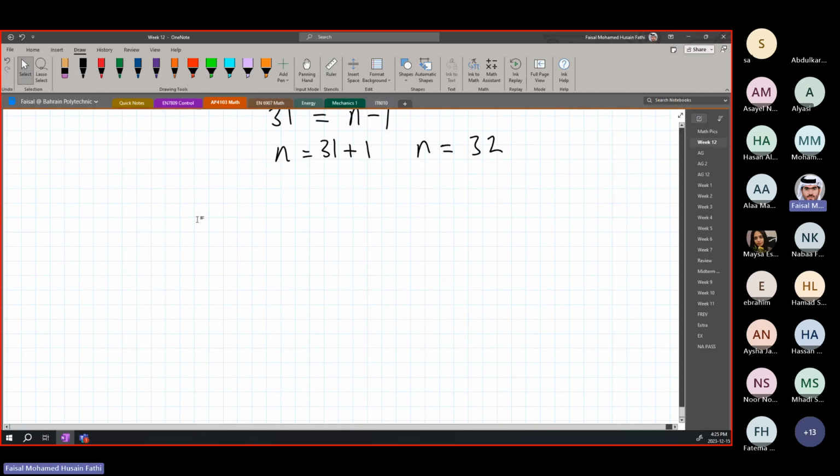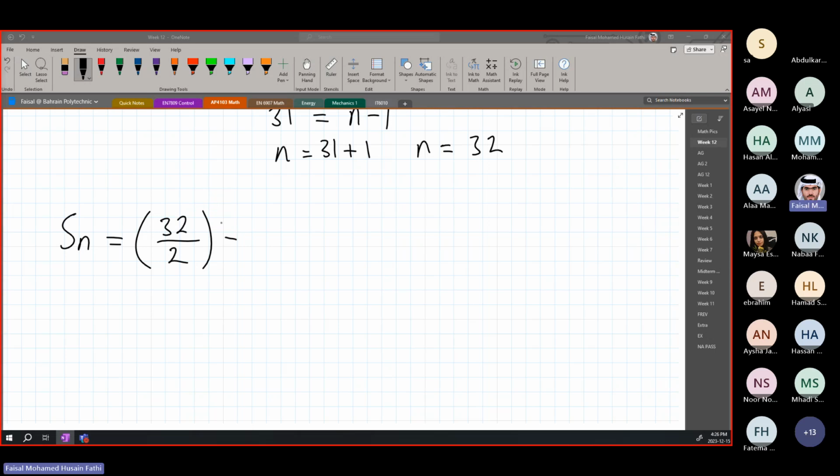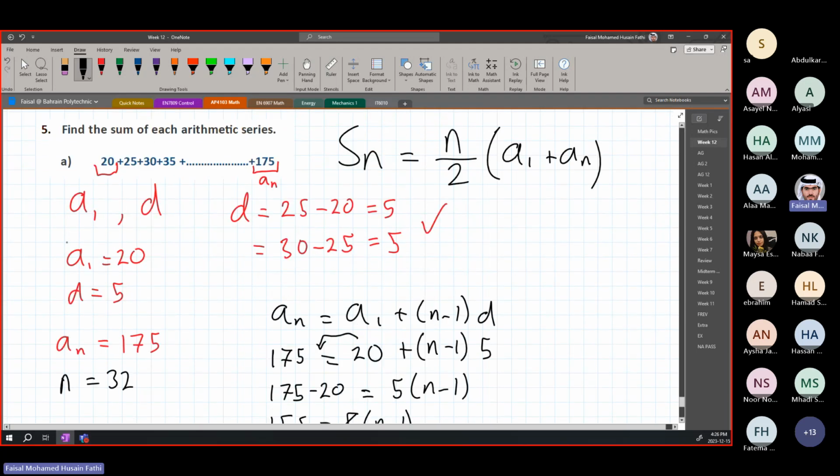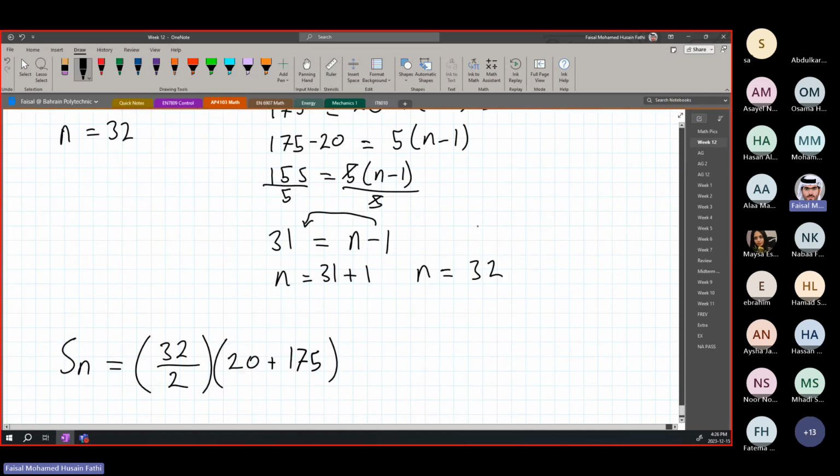So Sn is equal to, what is our n? 32 divided by 2 into times a1. What is our a1? Our a1 is 20. Our an is 175. So 20 plus 175.